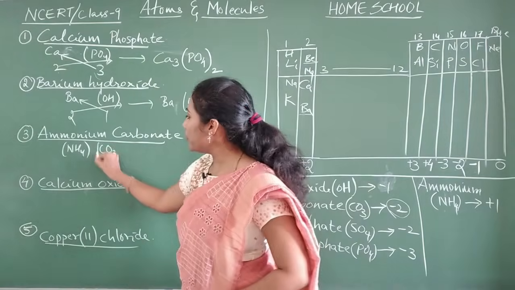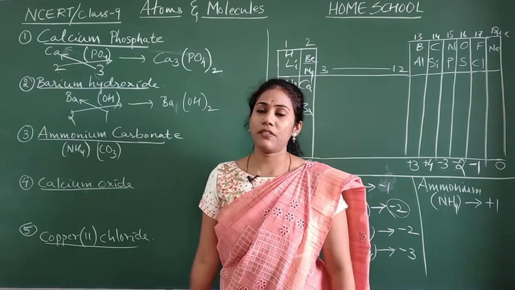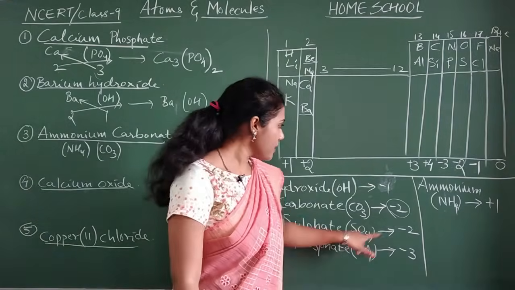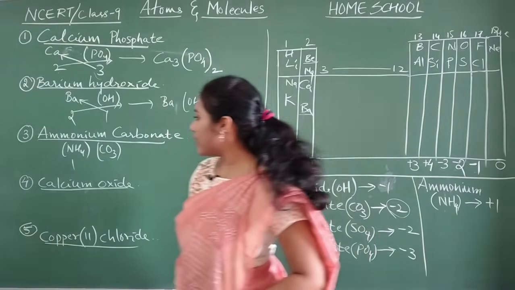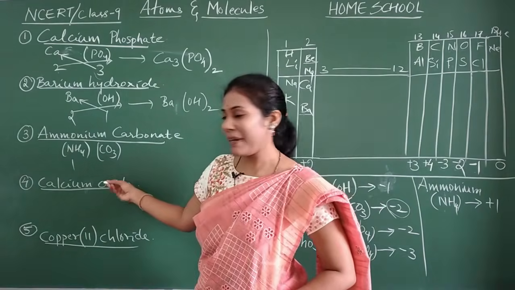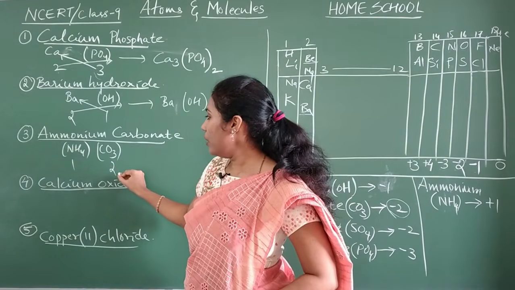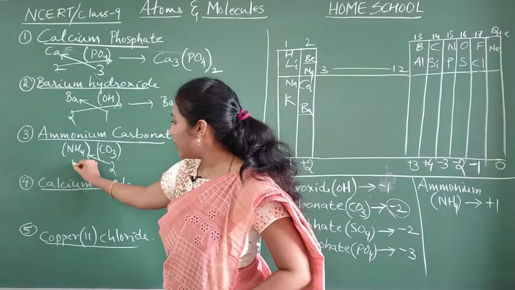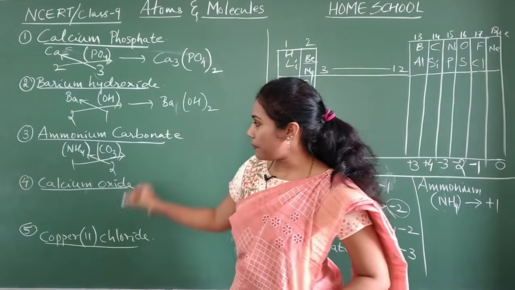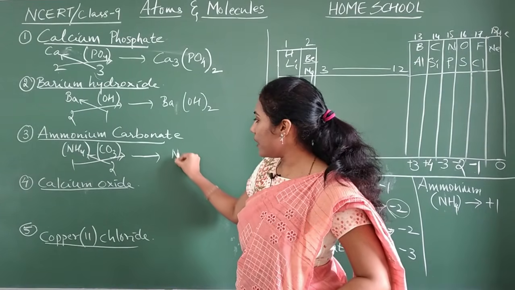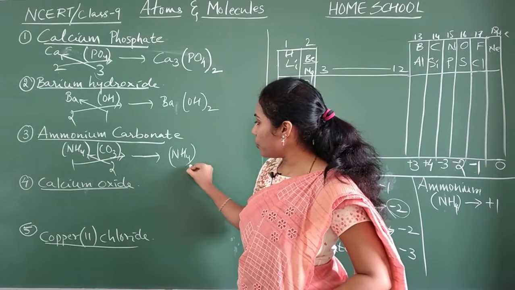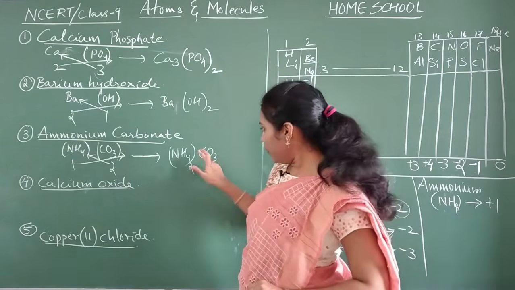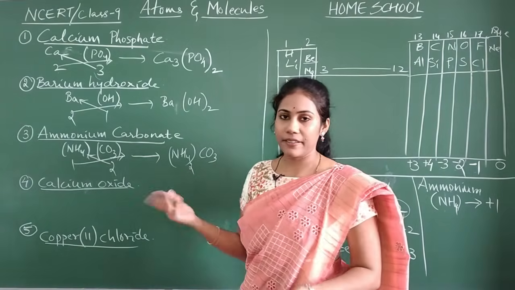Or if you want to mention both in brackets, it is your wish, no issues. Ammonium valency is how much? +1. Just 1 you consider. Carbonate valency is -2, so 2. So how do you write it, guys? This 2 you write as a subscript for NH4. This 1 you write as a subscript for CO3. So what is the formula? (NH4)2CO3. Now if you want, you can mention CO3 also in a bracket. It's your wish.